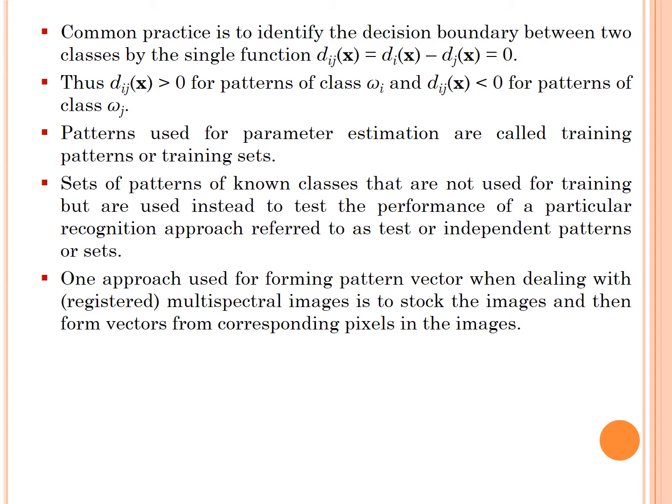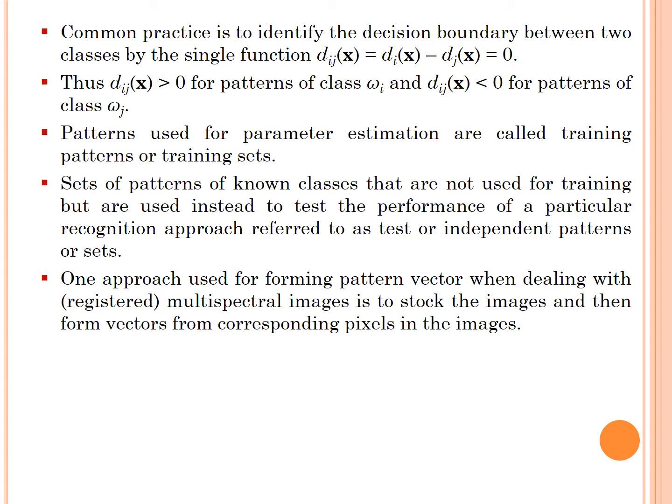Common practice is to identify the decision boundary between two classes by the single function dij(x) equal to di(x) minus dj(x), which is equal to 0. Thus, dij(x) is greater than 0 for patterns of class wi and dij(x) is less than 0 for patterns of class wj.